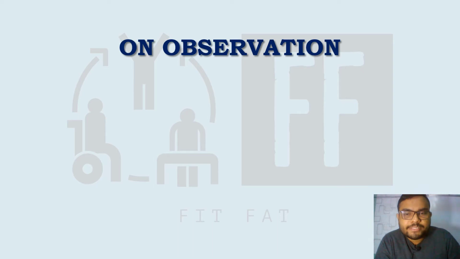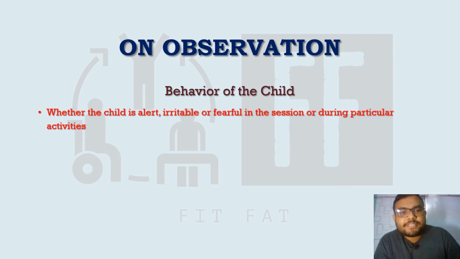Okay, so history taking is done. Now you need to go to the observation part. First is the behavior of the child, right? First you need to see if the child is alert or not, if the child is irritable or fearful in the physiotherapy session or during any particular activity.